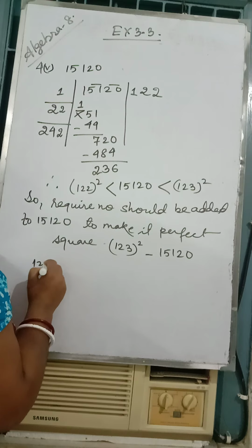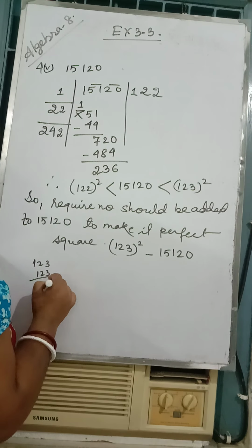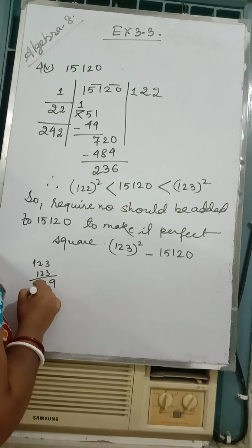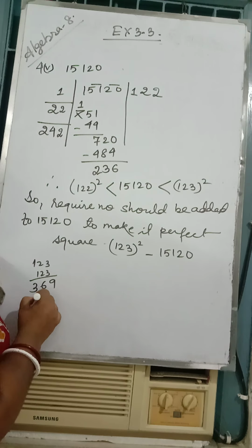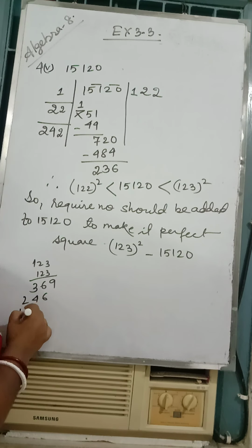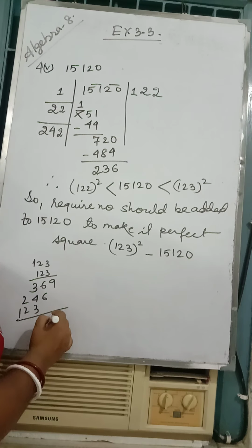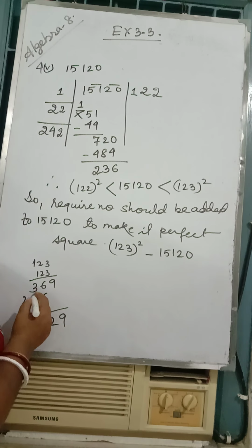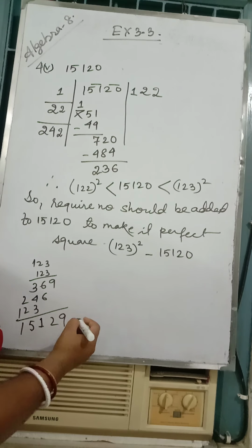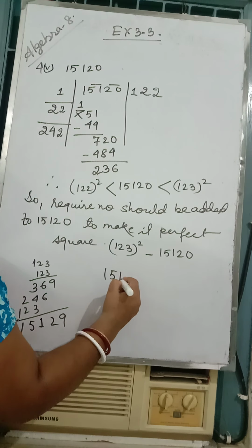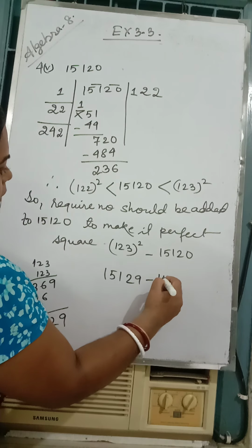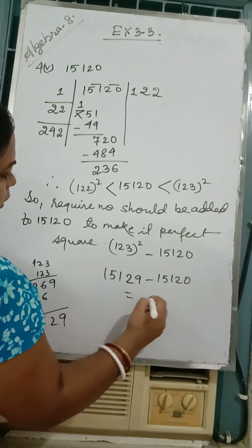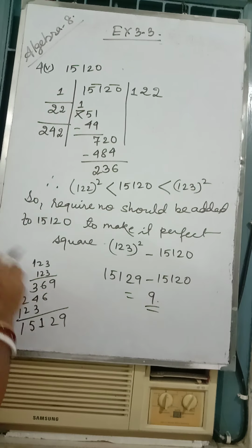Now 123 squared, what does it give you? 3 3s are 9, 3 2s are 6, 3 1s are 3, 2 3s are 6, 2 2s are 4, 2 1s are 2, and 123. So 15129 minus 15120 is equal to 9, which should be added to make it a perfect square.